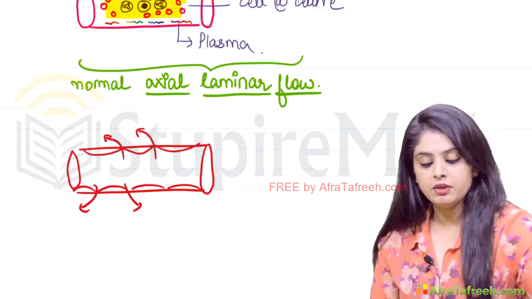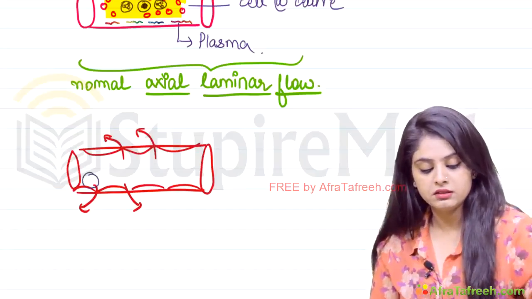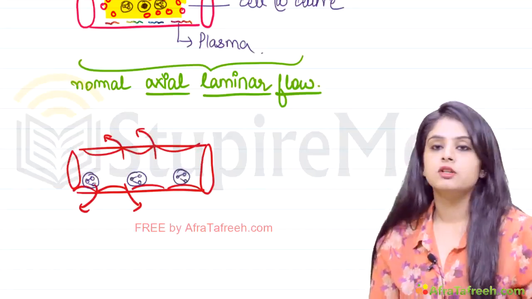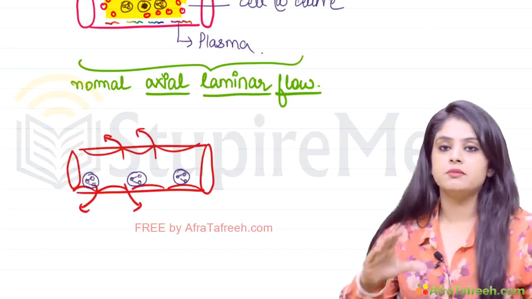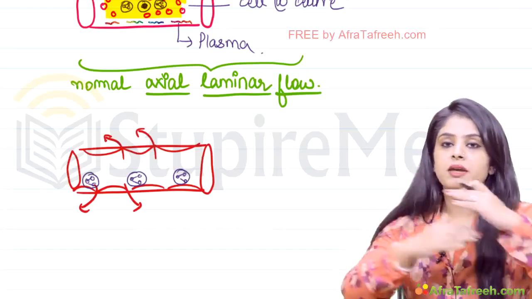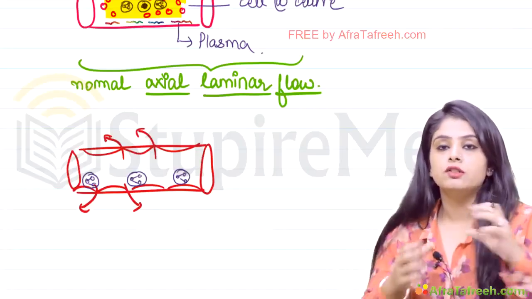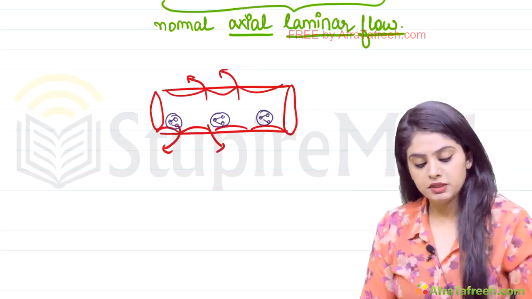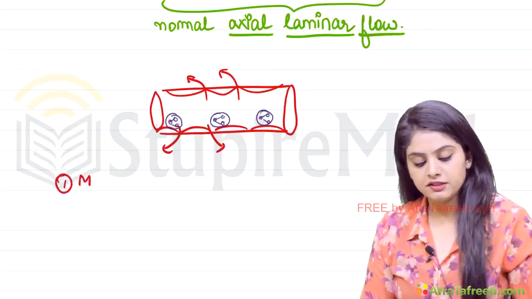What will then happen to the cells? The cells now tend to come to the margin. Normally the cells were in the center, plasma was at the periphery, but from the peripheries the plasma has gone out. So the cells in turn now come to the margin, and students, this particular step becomes our first cellular event, and it is known as margination.